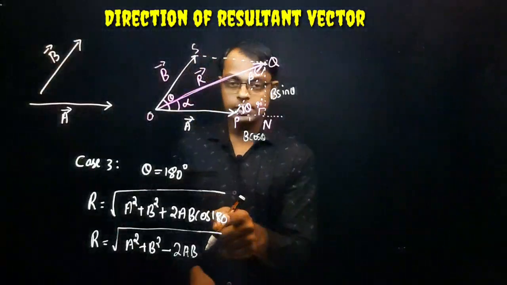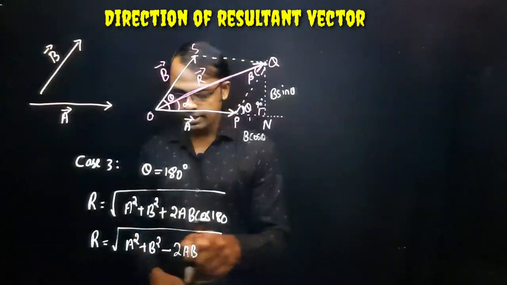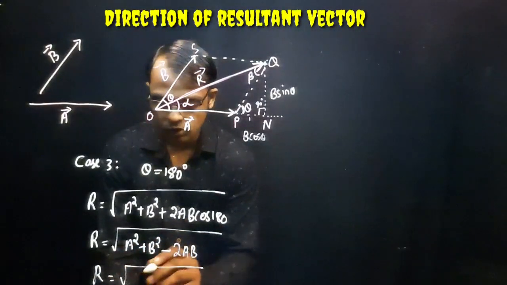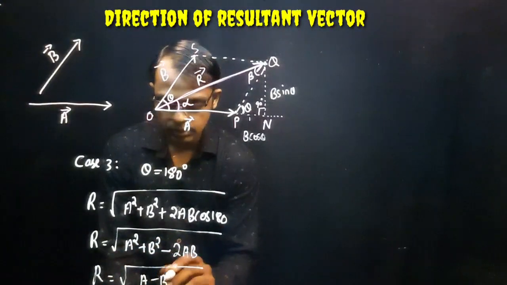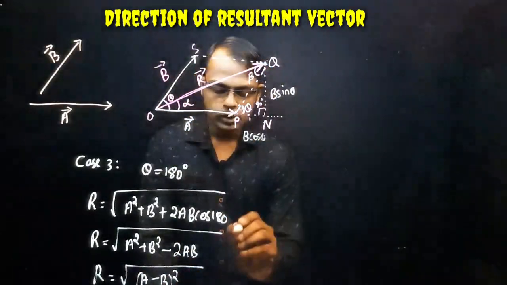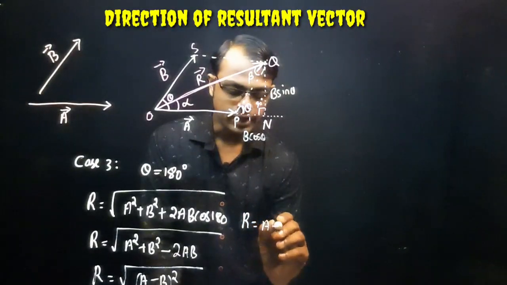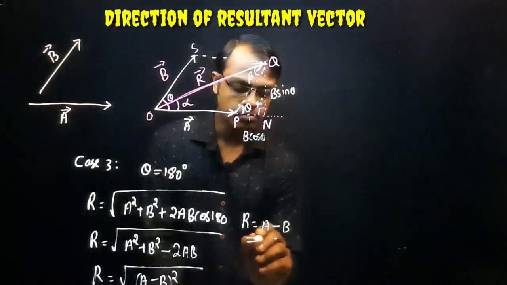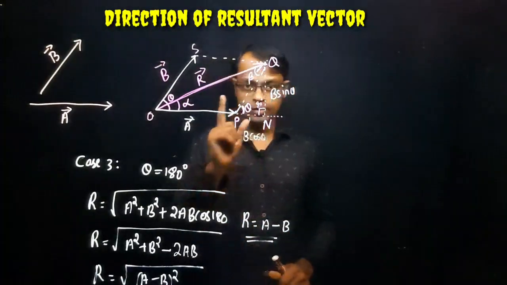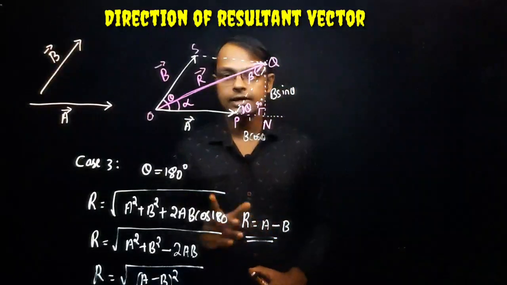This is the same as R equal to square root of A minus B whole square. So R is equal to A minus B. When two vectors are acting opposite to each other, you just subtract their magnitudes.